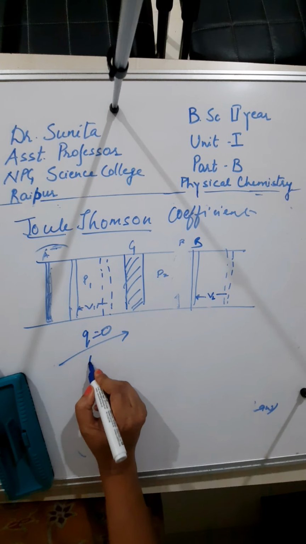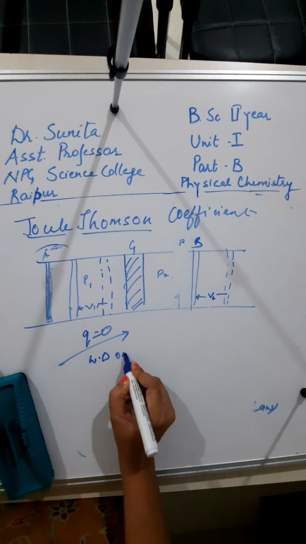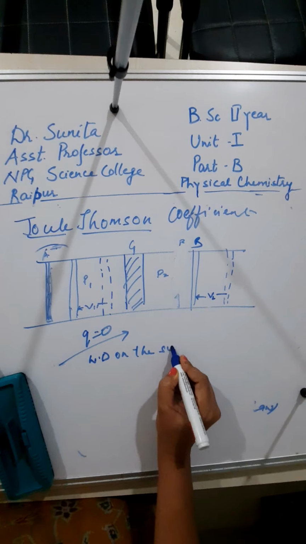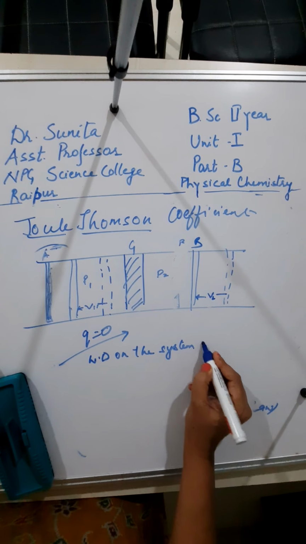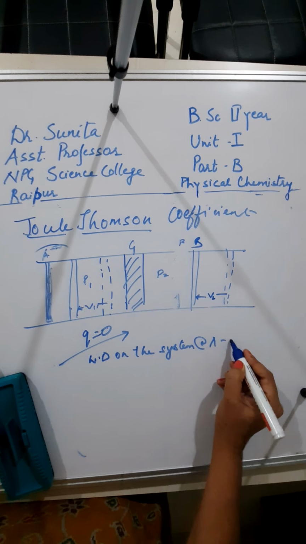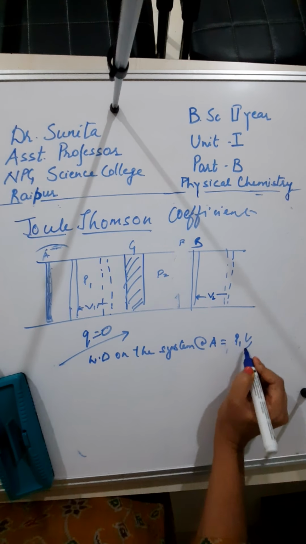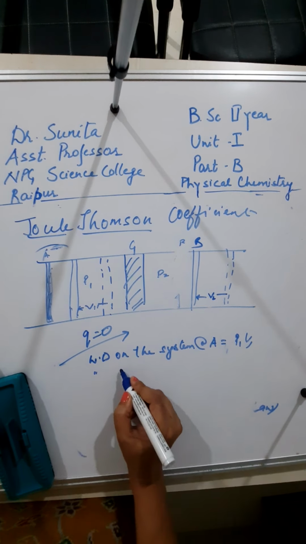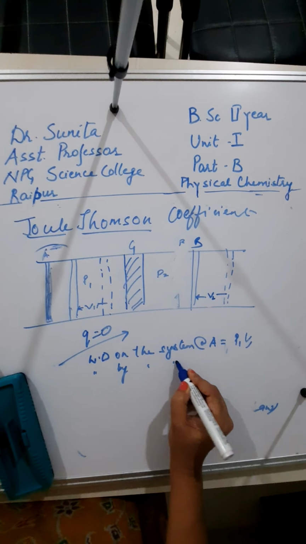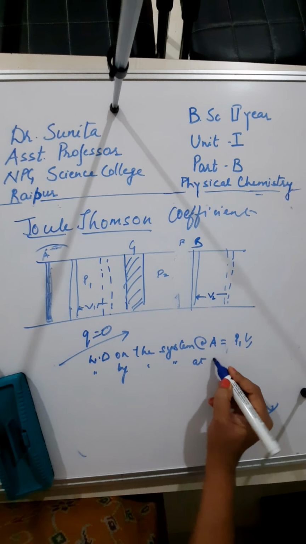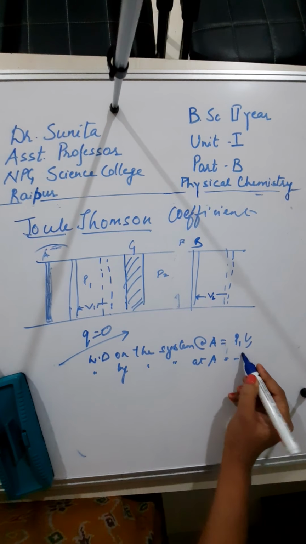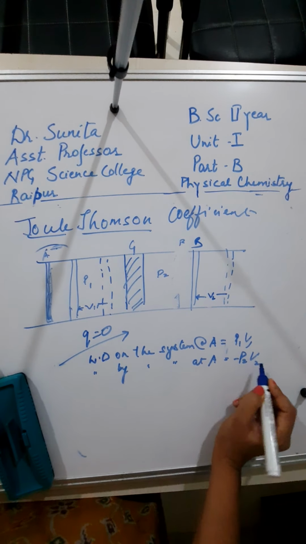So let us see the work done. The work done on the system at piston A is P1 V1. The work done by the system at piston B is minus P2 V2.